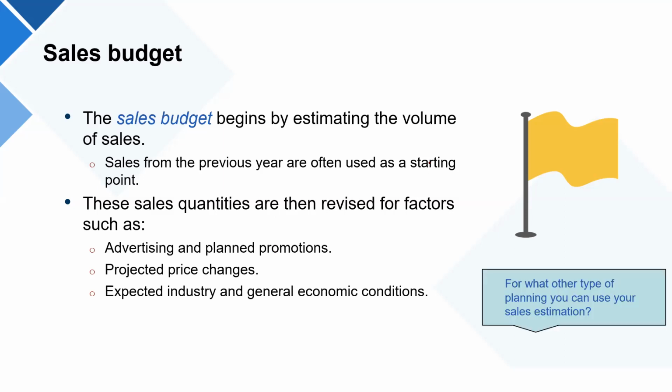And I ask you, for what other type of planning do you think you can use the sales estimate? If you're going to make an investment, like opening another plant or something like that. Okay, that's good.